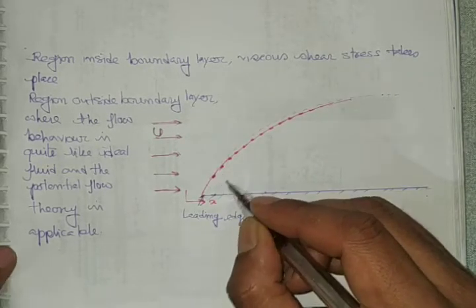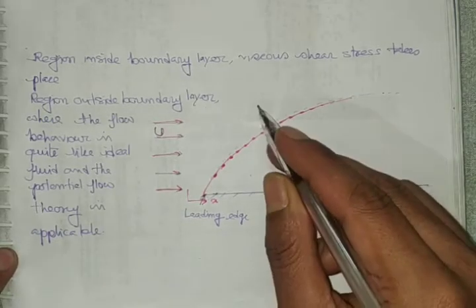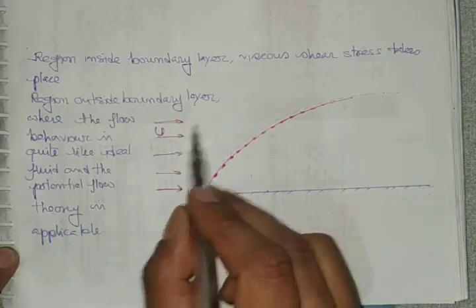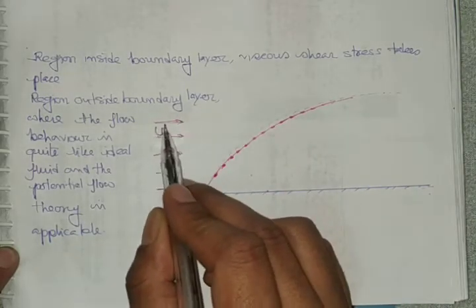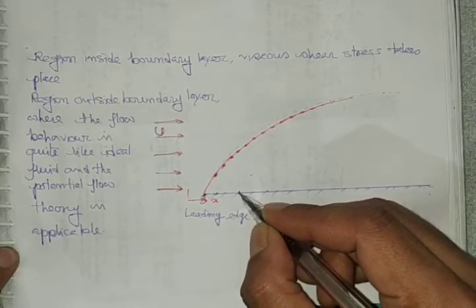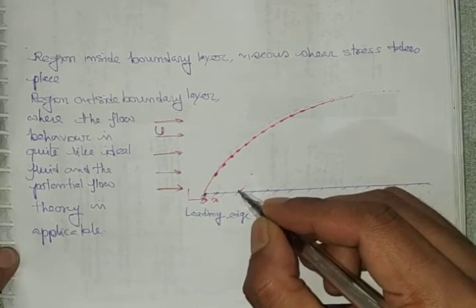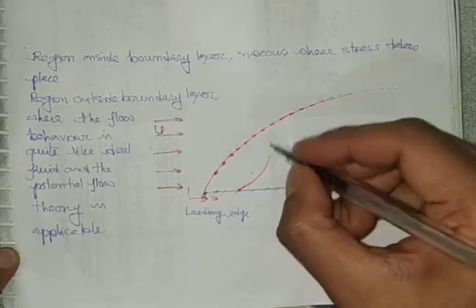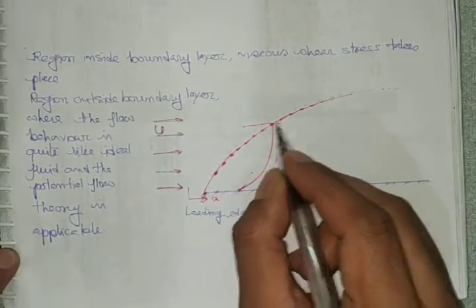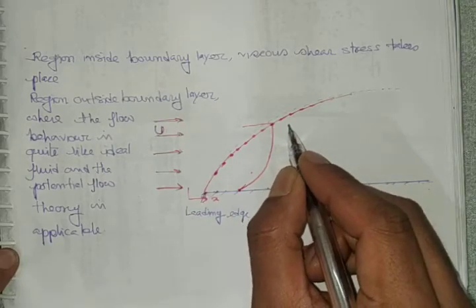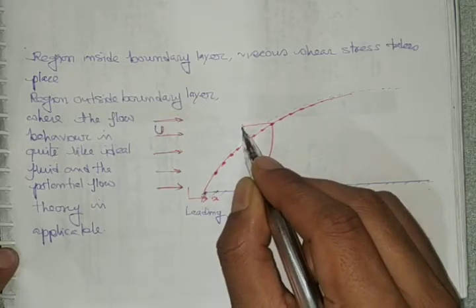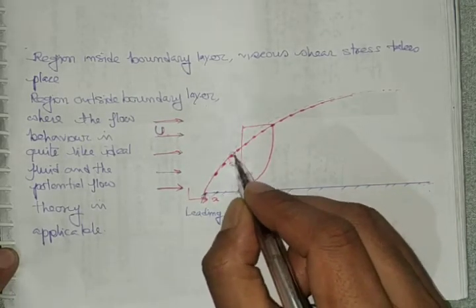So you will get inside the boundary layer and outside the boundary layer. Outside the boundary layer the velocity is basically the mainstream velocity, but inside the boundary layer from the bottom it is 0 and it will increase, and at this point the velocity is 99% of the mainstream velocity, and this is called boundary layer thickness.